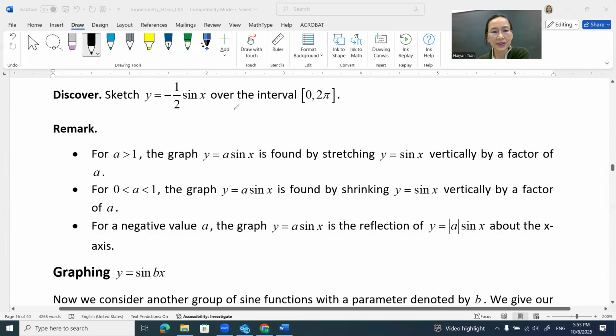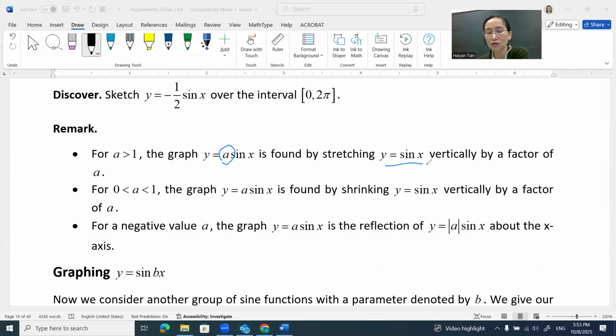So it's a quick summary here. The effect of A: when A is positive, this function is vertically stretched by a factor of A when A is bigger than 1, right? You saw the case of 2, for example. It is vertically stretched by a factor of 2.